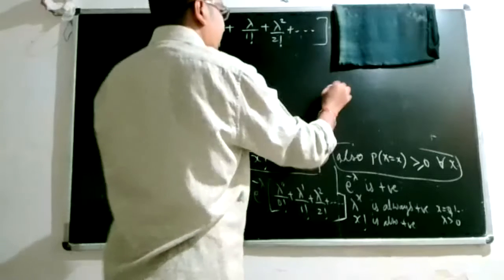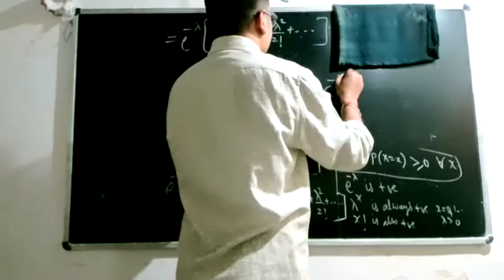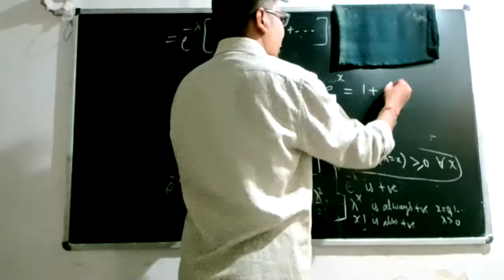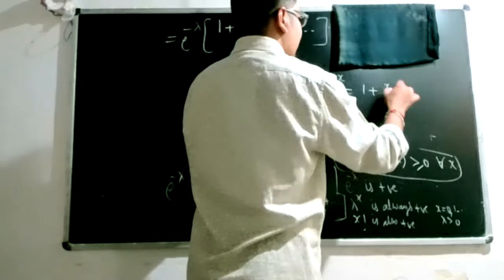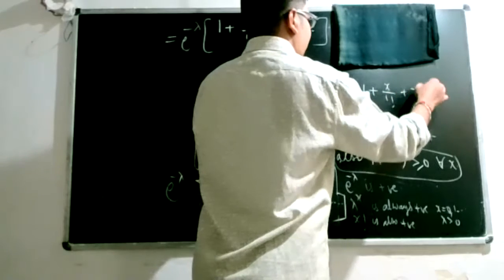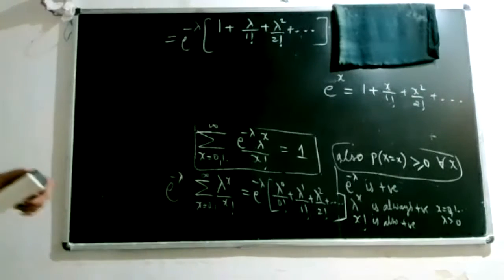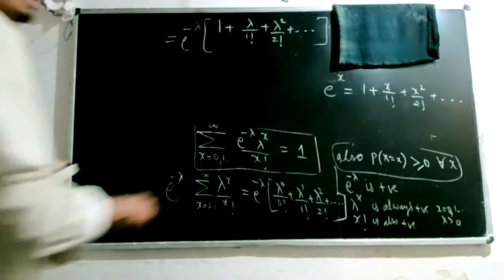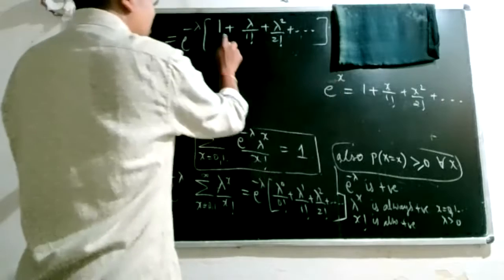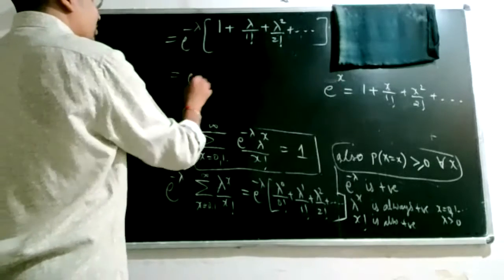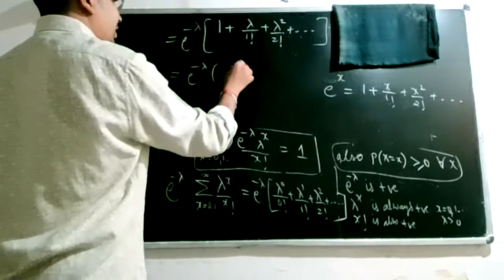And if you look at the expansion of e power x, it is also 1 plus x by 1 factorial plus x square by 2 factorial, and so on. So this is the Taylor series for e power x. And we have the same case, but in place of x, we have lambda. So this becomes e power lambda.